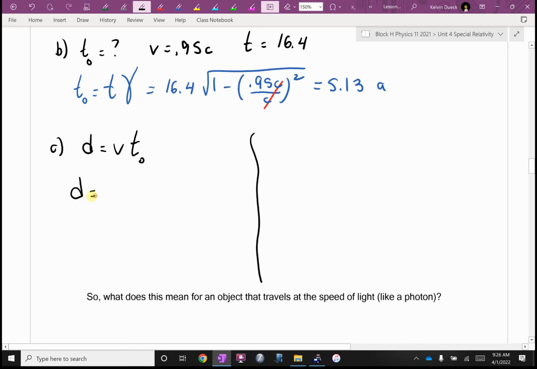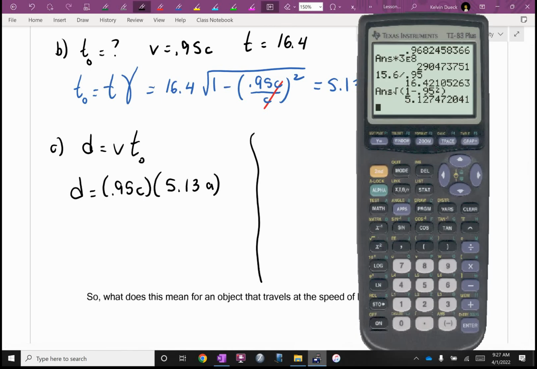Finley, what's the speed? 0.95c. What's the time on board the spaceship? I'm going to write 5.13, but I'm going to use my answer button. Also notice, Finley, in my units, I get light years. That is a distance.